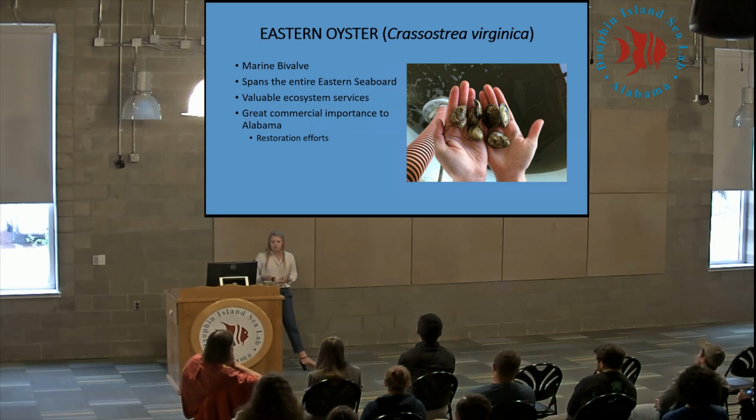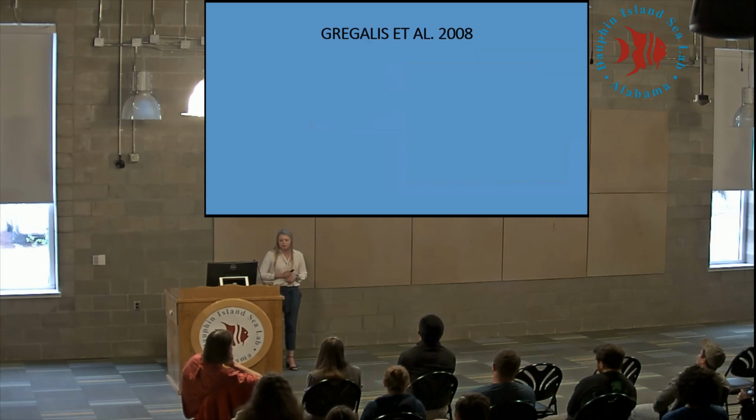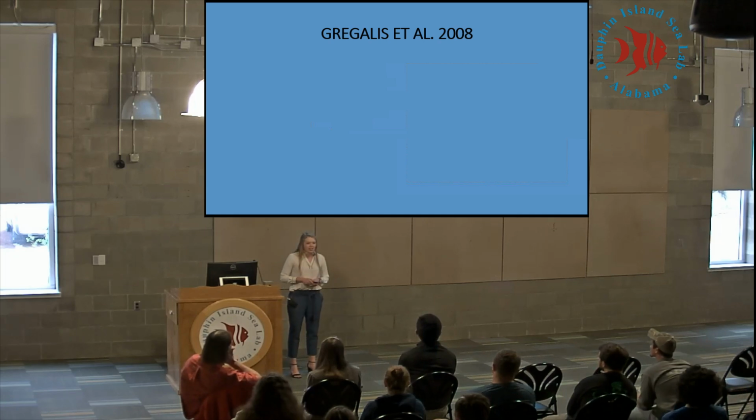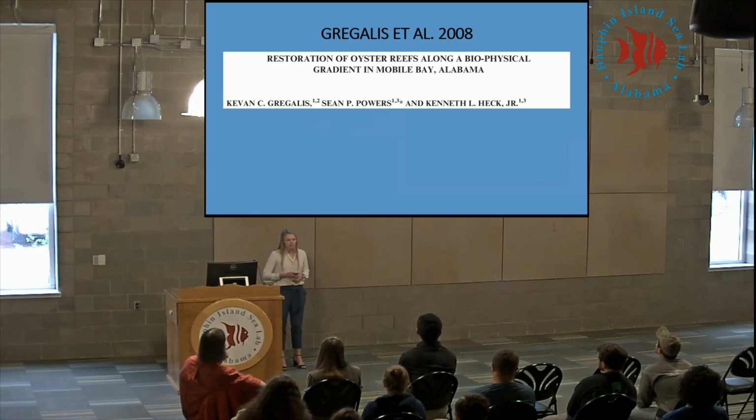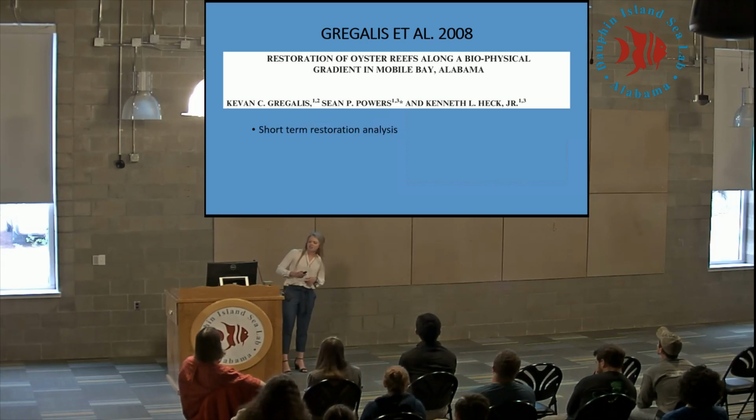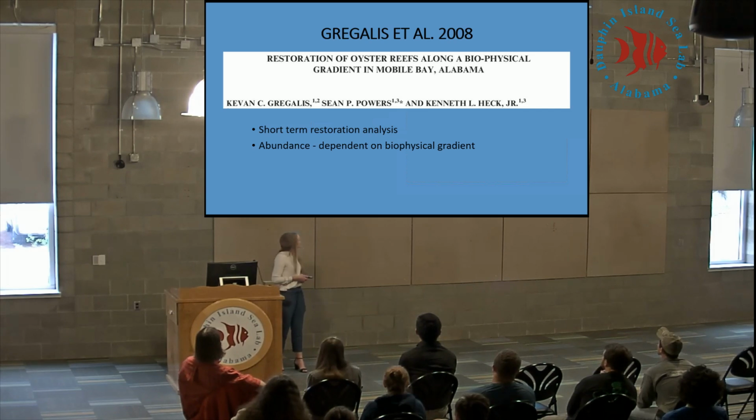They are an important fishery here, and I believe it's in the top 5 landings by weight in Alabama fisheries. Because of that, we have a ton of restoration going on to restore this ecosystem to what it used to be with those wild oysters, just because they're so incredibly important.